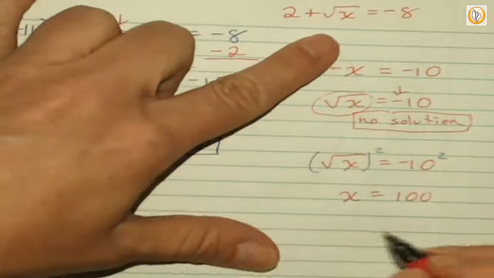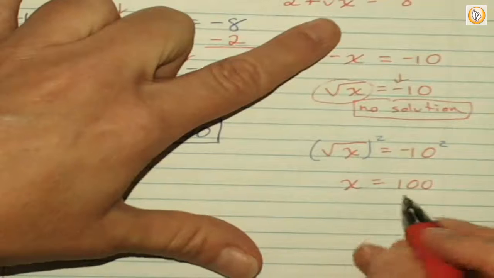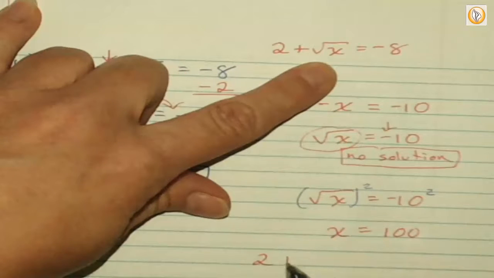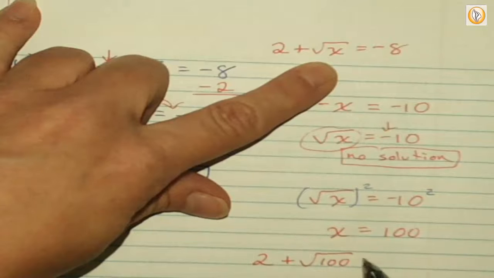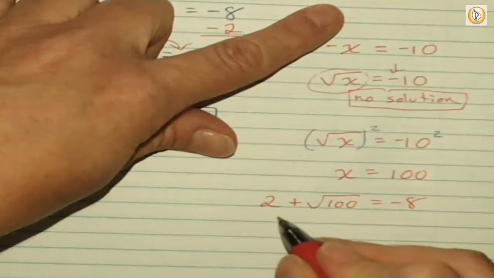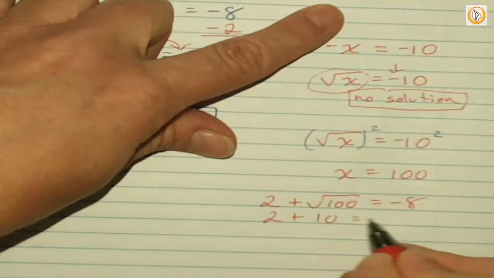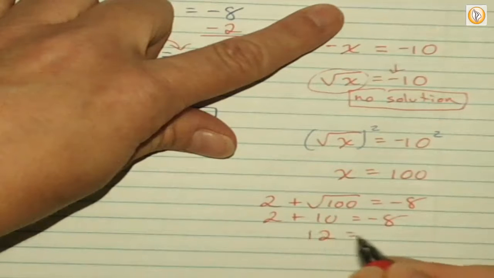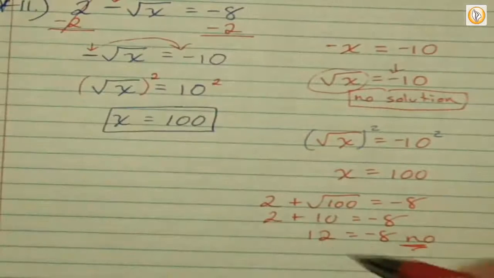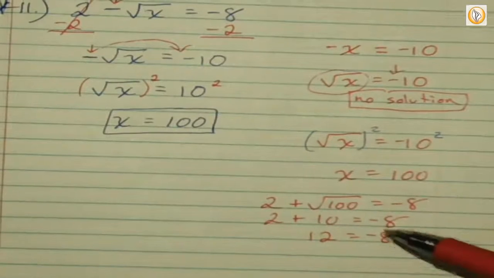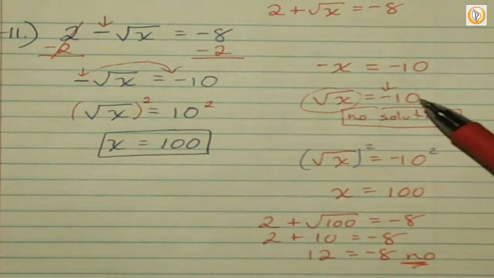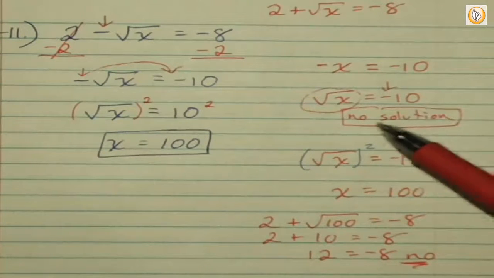So then let's go back and check. Let's put 100 here. So that'd be 2 plus square root of 100 equals -8. Square root of 100 is 10. Does that work? So instead of doing all that, because most of y'all won't check it anyway, they give you the rule that if it's a radical equaling a negative, it's no solution.